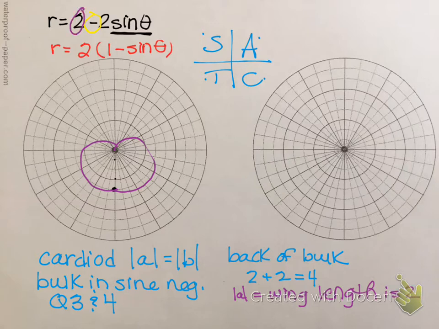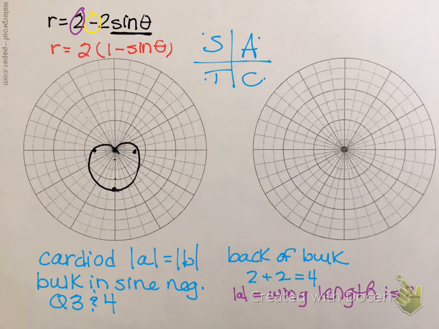Here's A. So my figure has wings that come out to here, and 1, 2 this way, right here. So again, I could make a rough sketch right now. Remember, it's a cardioid, so we are going to have a point at the pole. So it's going to look something like that. Not perfect, but at least I have a general idea of what this thing is going to look like.